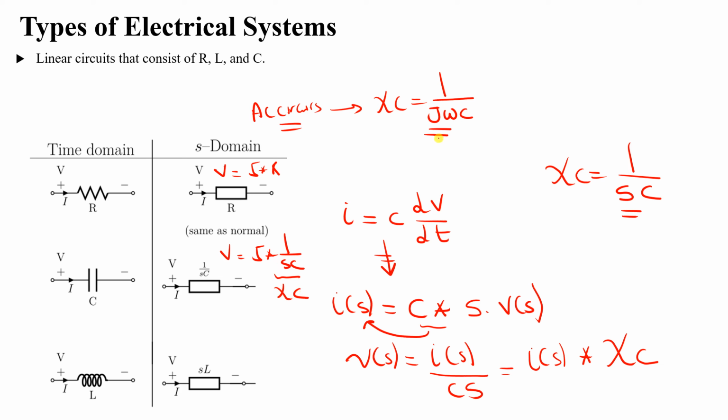Now in the steady state, you will see that in the AC circuits we replaced S with J omega. Why is this? Because S is equal to sigma plus J omega. And when we analyze our AC circuits using KVL and KCL, we are analyzing in a steady state, right?